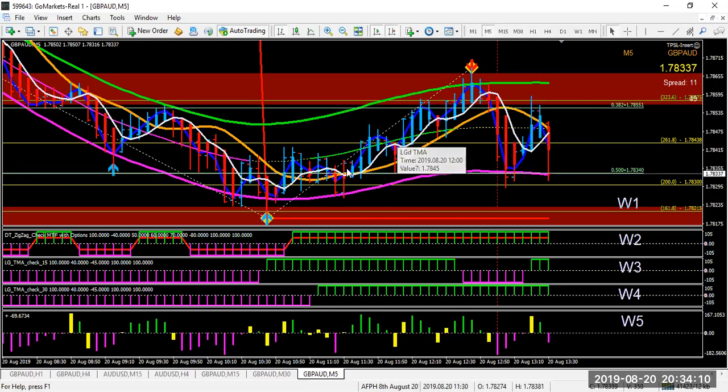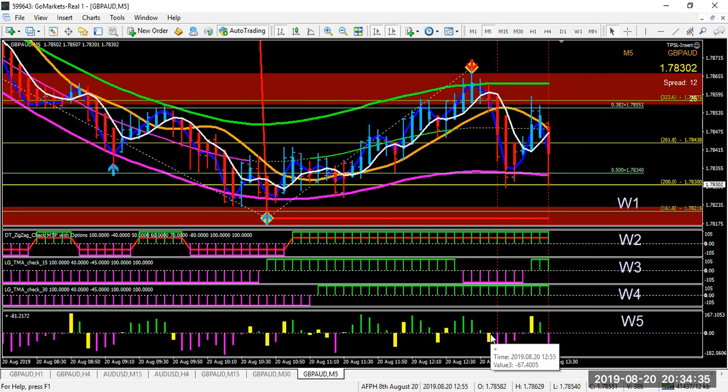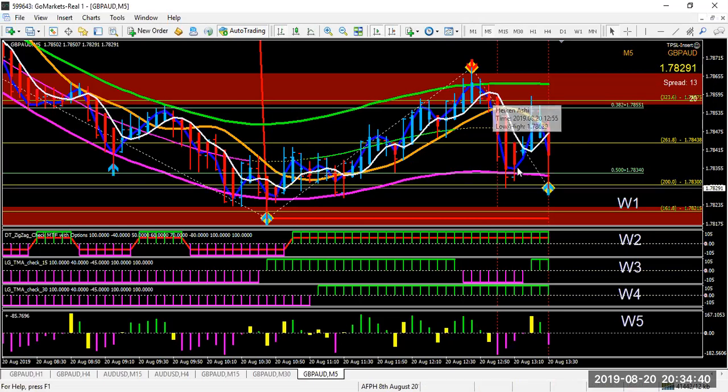Over here, you can see the blue and white line have remained above the orange. Then when the orange crossed above, we're starting to see a lot more parts coming through. Window 5 kind of there, onto pink. Before that, we had a yellow histogram below. You can see white cross below. And we've just seen it get its diamond.